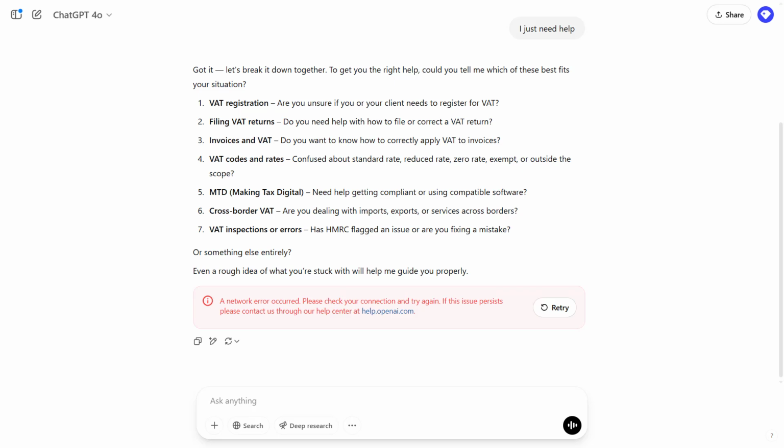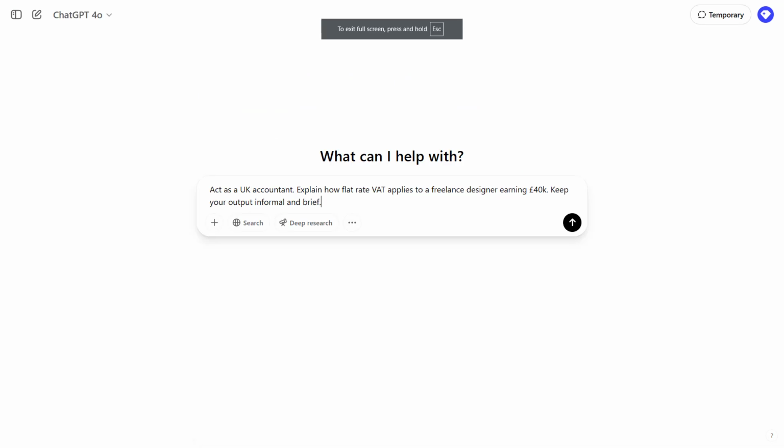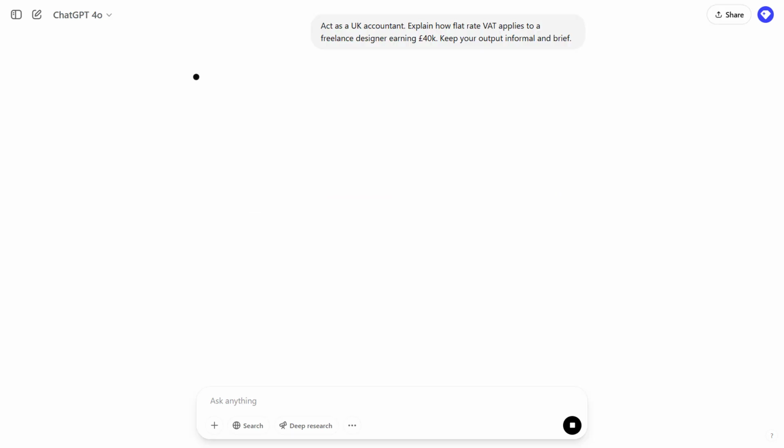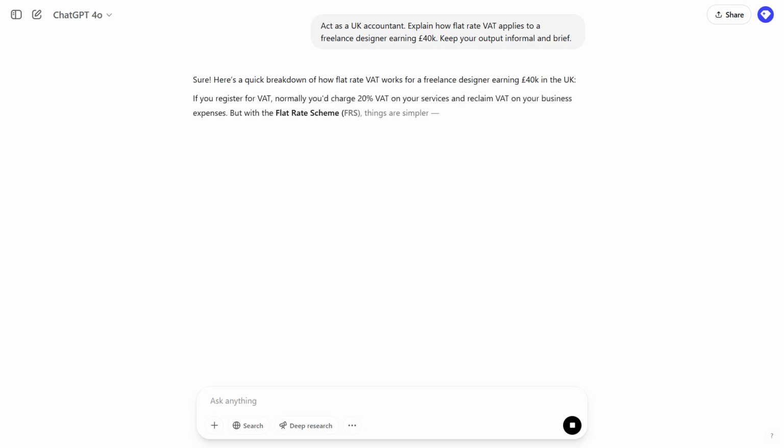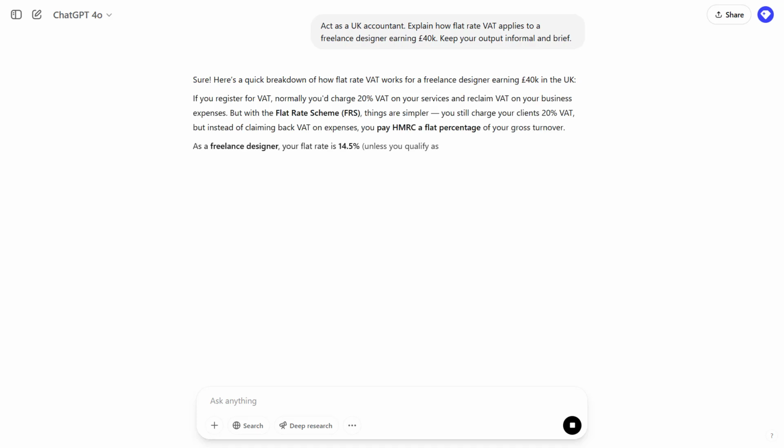Now let's look at a better prompt. And you can see this was our improved prompt for that same question. Let's ask it a question and see if it provides a better output for us. And you can see it's already getting there. It knows what we want it to do.